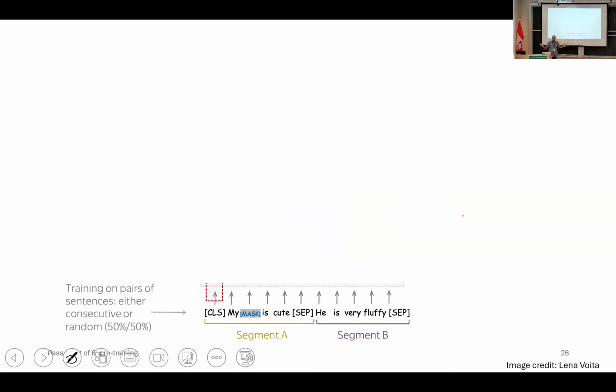So now if we put these two objectives next to each other, this is what we have. Objective 1 and objective 2 were both used simultaneously. So next sentence prediction and predicting the masked word happened at the same time.